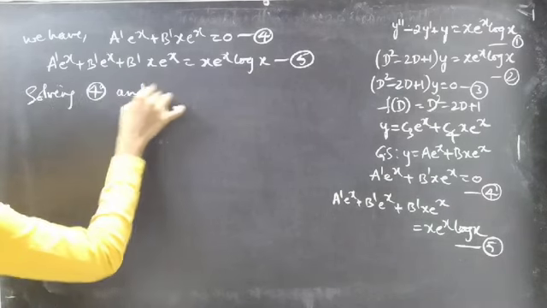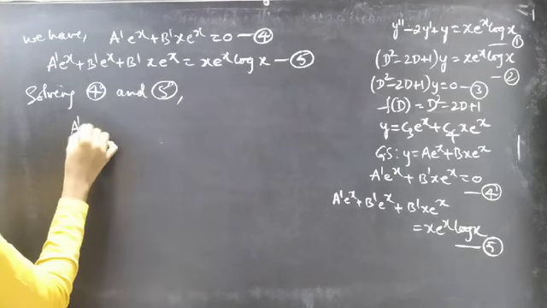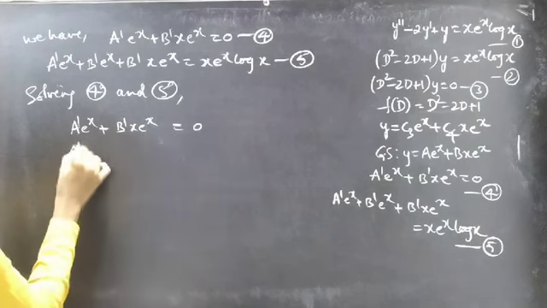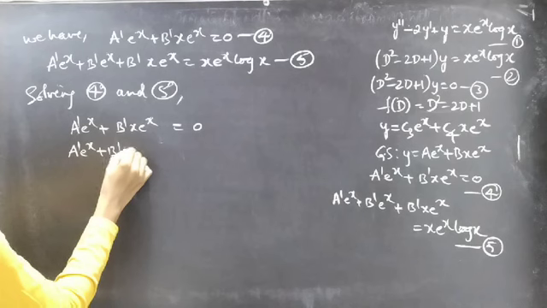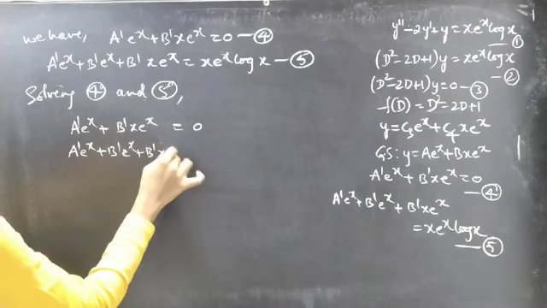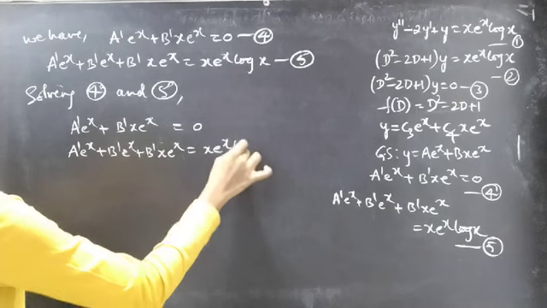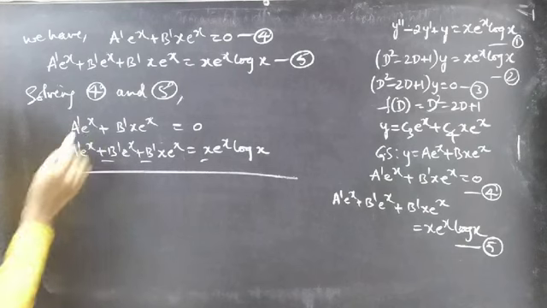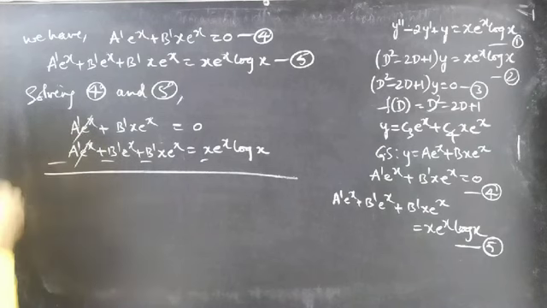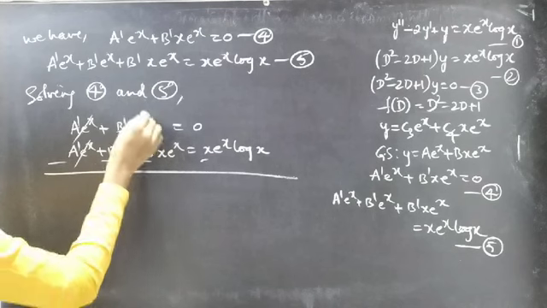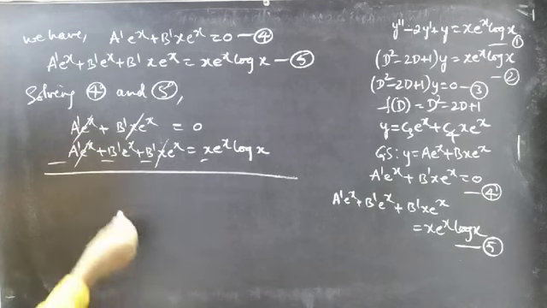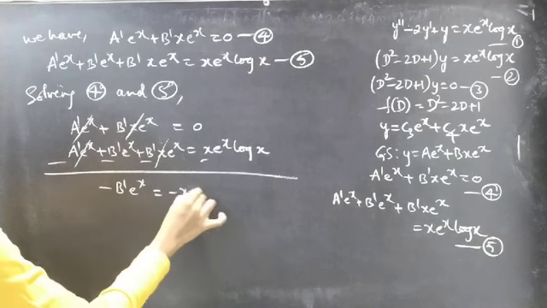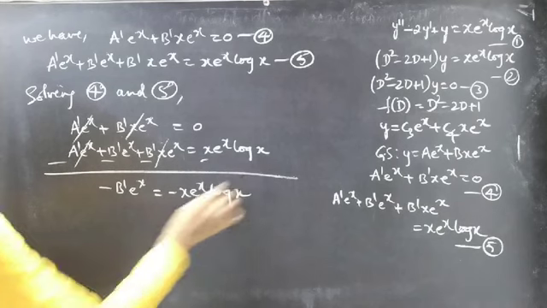Solving 4 and 5: plus a dash e power x and minus a dash e power x get cancelled. Plus b dash x e power x and minus b dash x e power x get cancelled. We'll get minus b dash e power x equals minus x e power x log x, right?